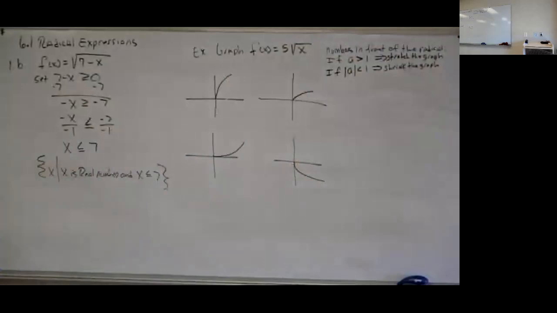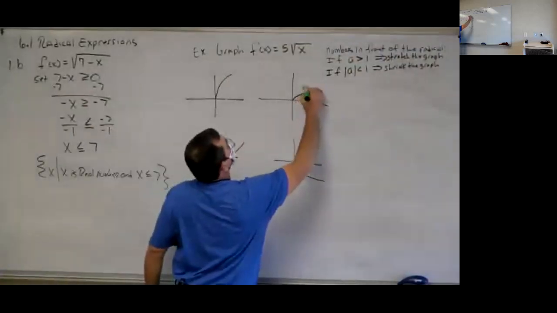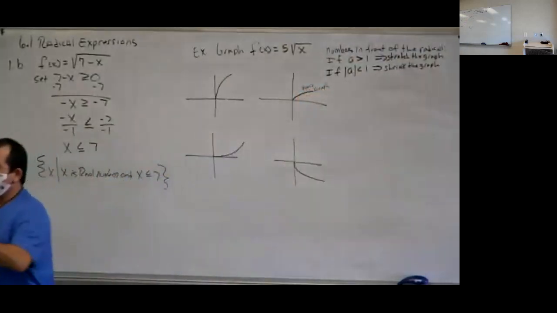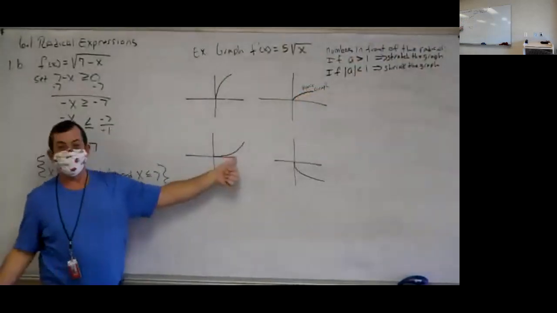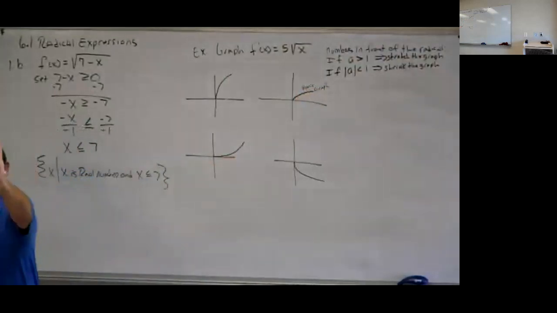But if you remember your basic graphs on these, this one would be the basic graph. That's when we drew the picture and then we just made a nice, slow uphill. We've never seen a radical do that, right? Go under.